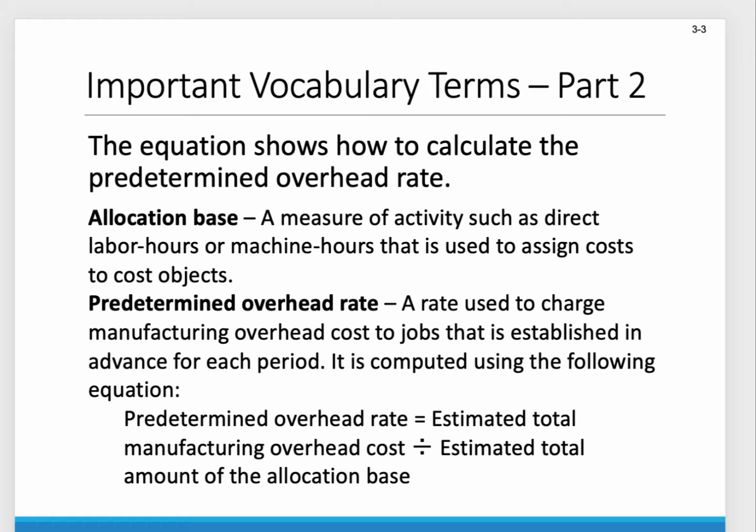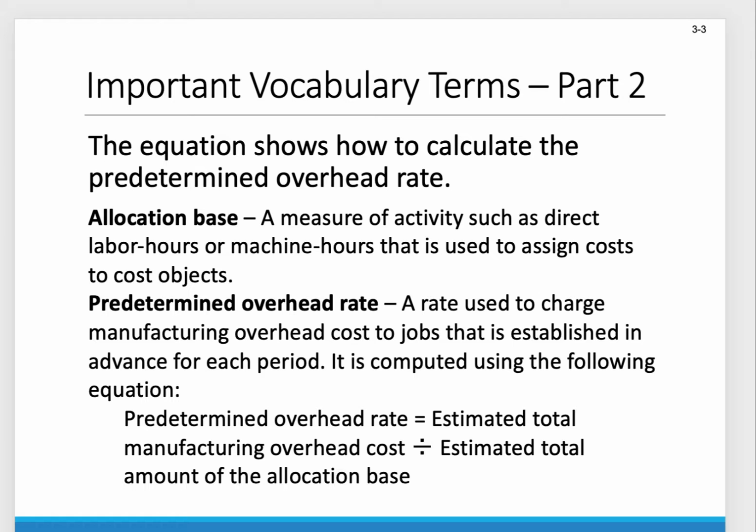We saw that we could use direct labor hours, we could use direct machine hours, or direct labor dollars if we wanted to. And one of those 3 measures of activity is what we use to assign the overhead cost to a cost object, whether that cost object is a job or a product or a service.